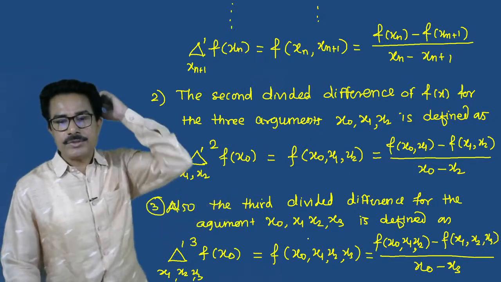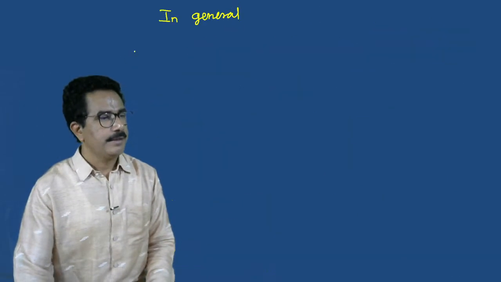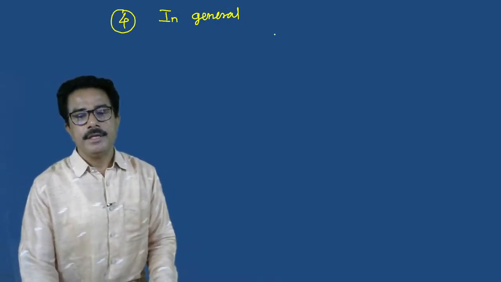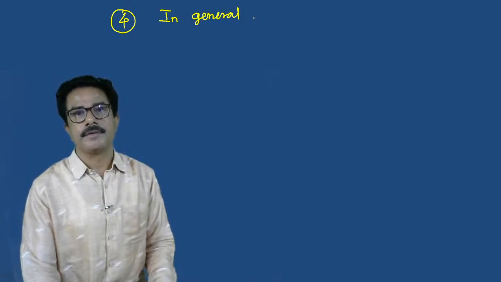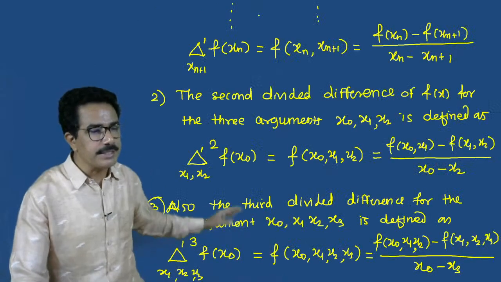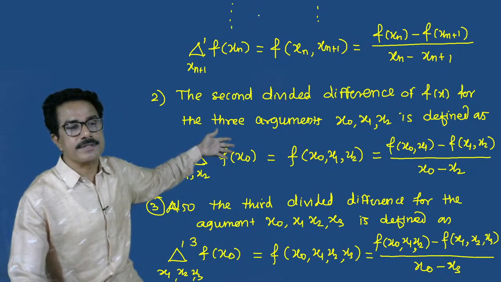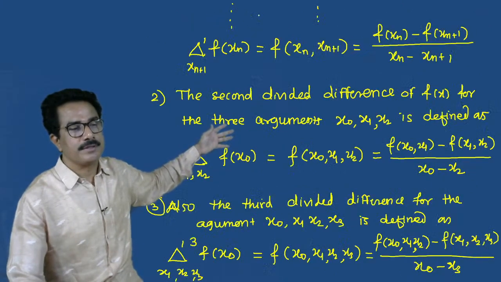So in this way we can take, in general, the nth divided difference. This is the third divided difference, this is the second divided difference, this is the first divided difference.